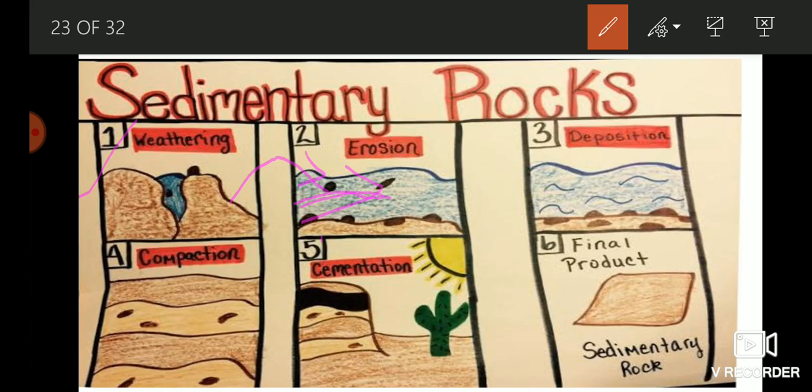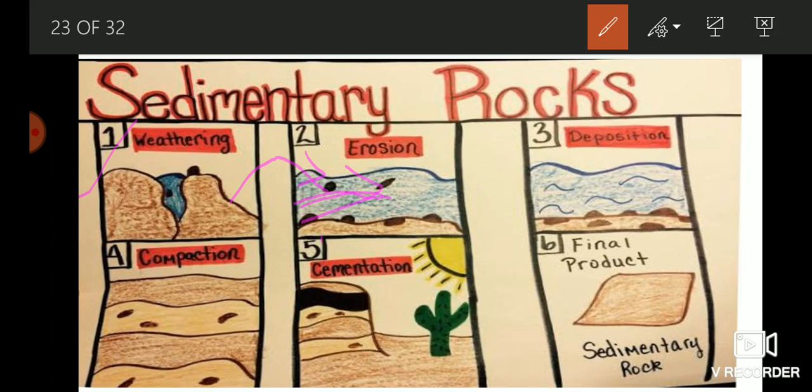Rivers merge with the oceans, and where the rivers mix with the oceans, the water current of the river slows down.